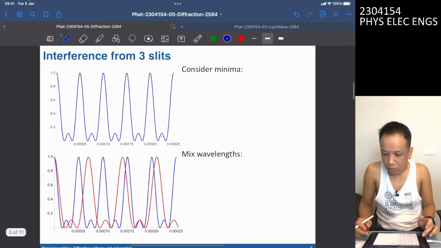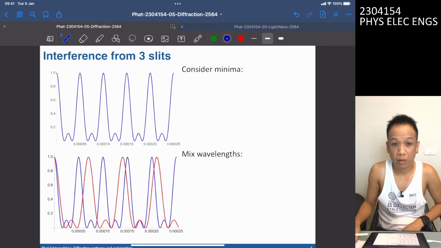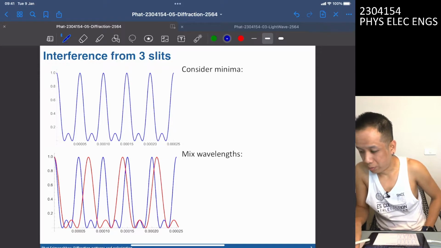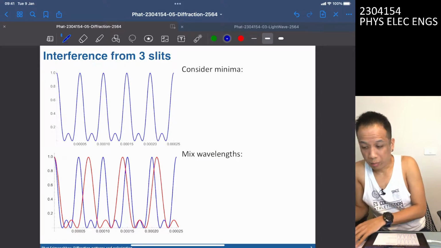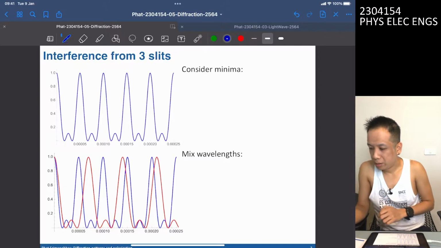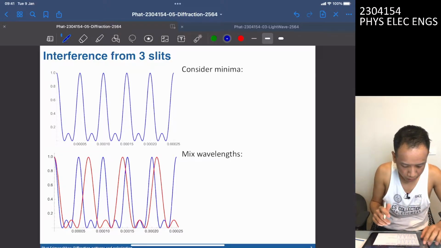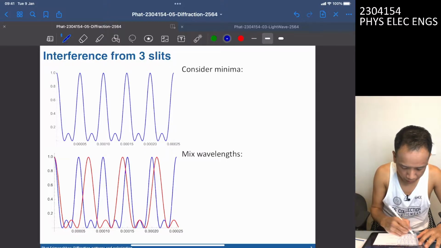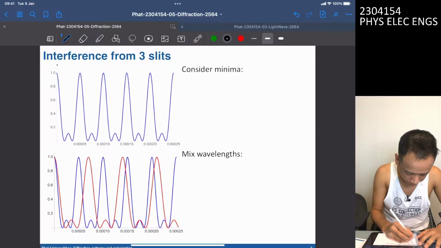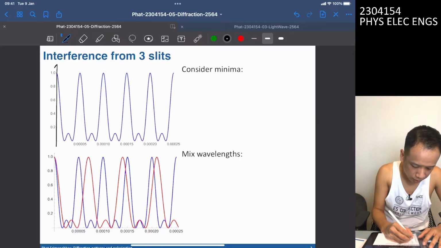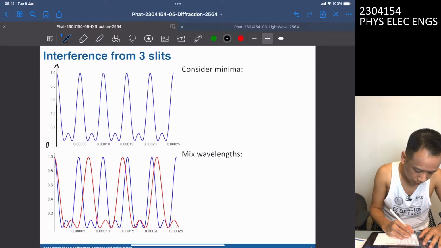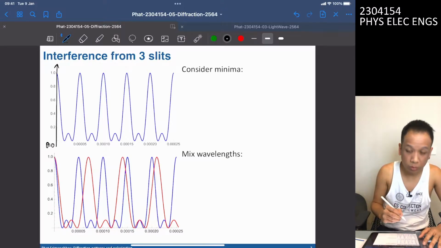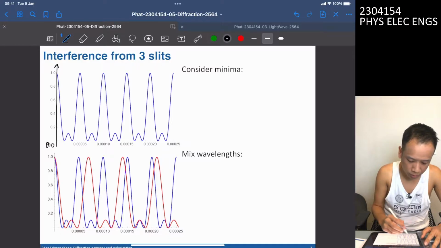So this is how the plot looks. I made it also from Mathematica. You have the central maxima at the center. You can forget about the scale I put on the x-axis, but this is the central maxima, theta equal to 0.